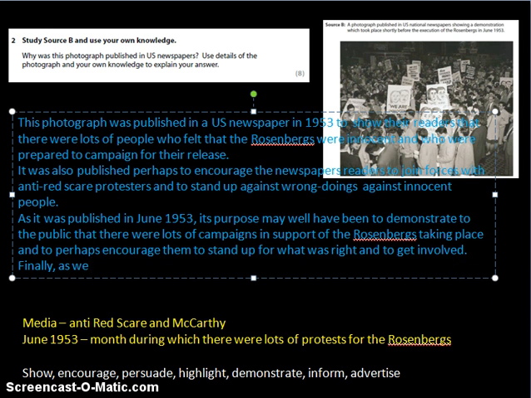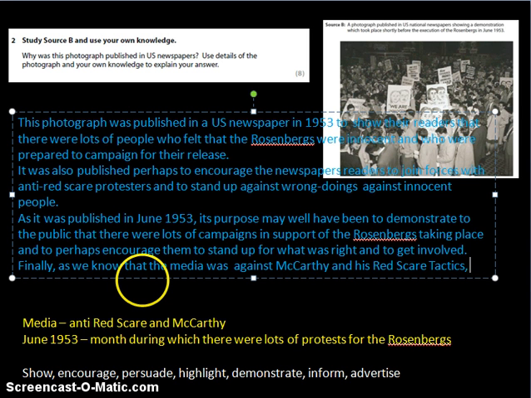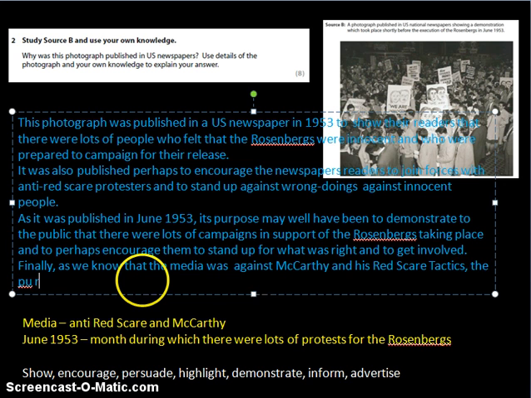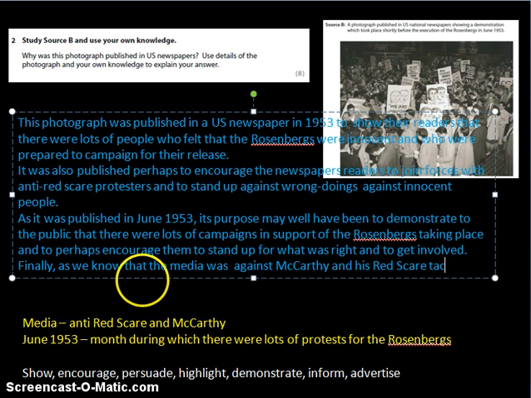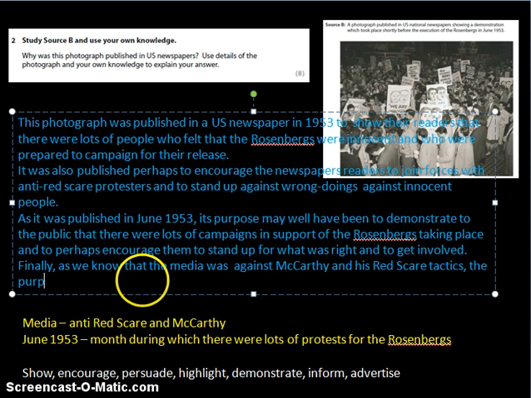Finally, and I'm going to try and include another bit of our knowledge here, as we know that the media was incredibly against, actually, McCarthy and his Red Scare tactics, the purpose of this source may have been to, what one haven't we used?